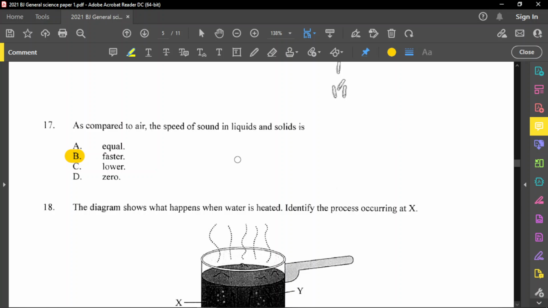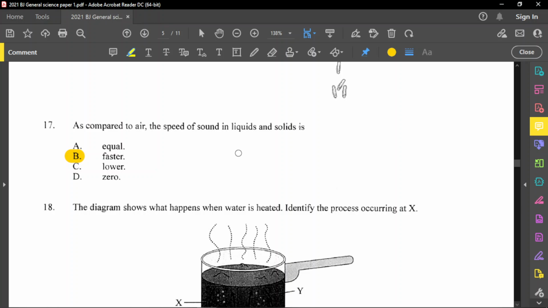As the particles spread out into liquid, then the speed of sound travels slower. And then when you go into air, it travels even a little bit slower. So again, the more compact or closer the particles are, the greater the transfer of vibration from one particle to the other. And hence, solid and liquid will have a faster speed of sound compared to air.